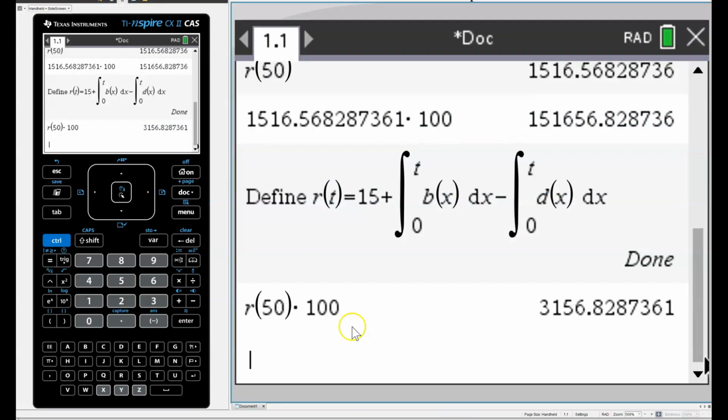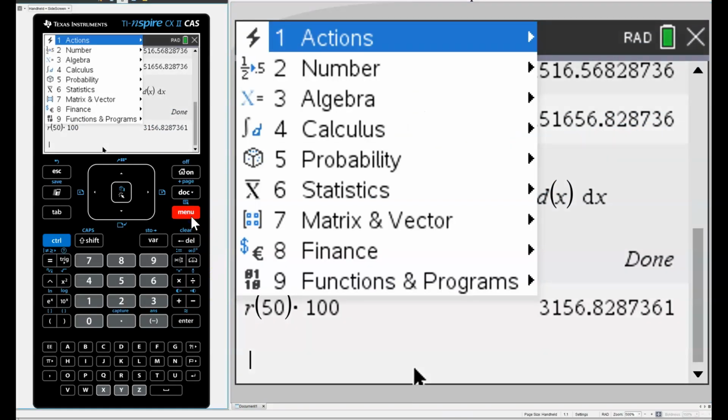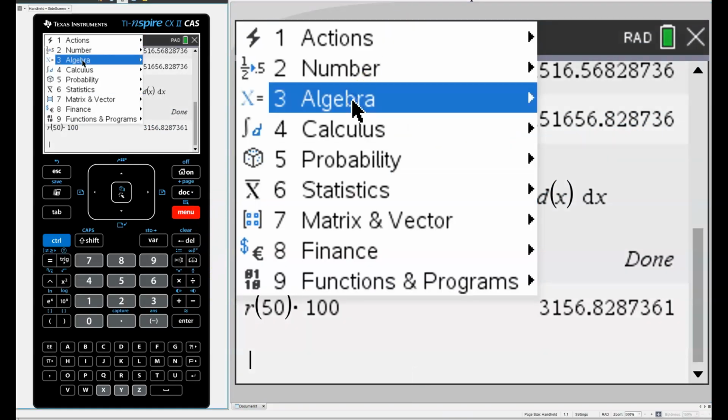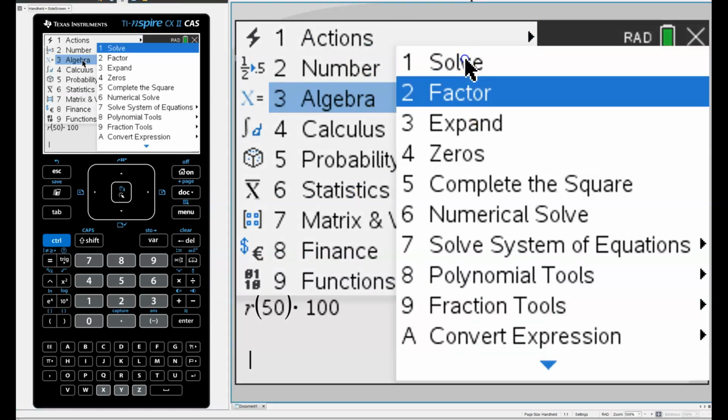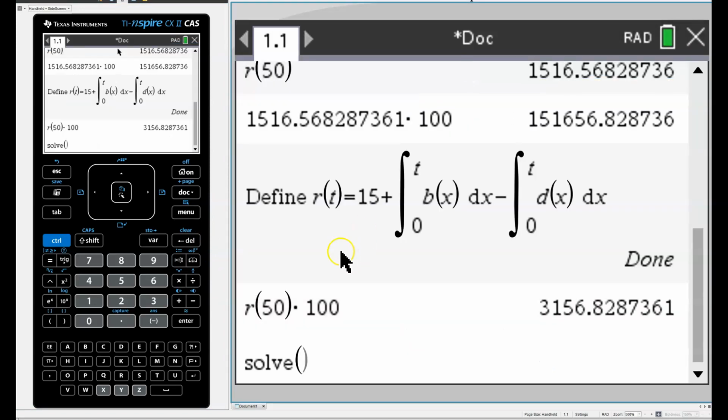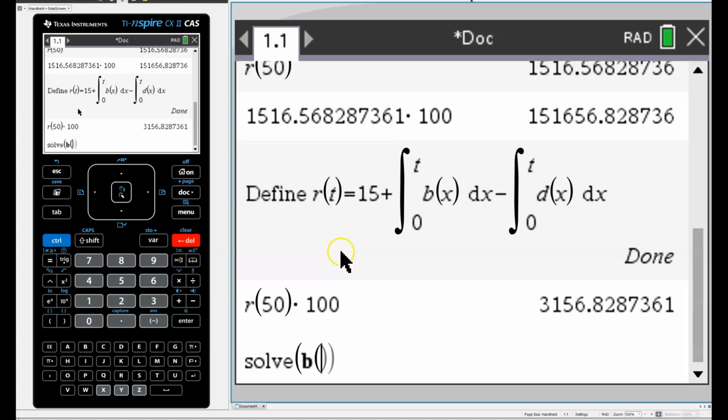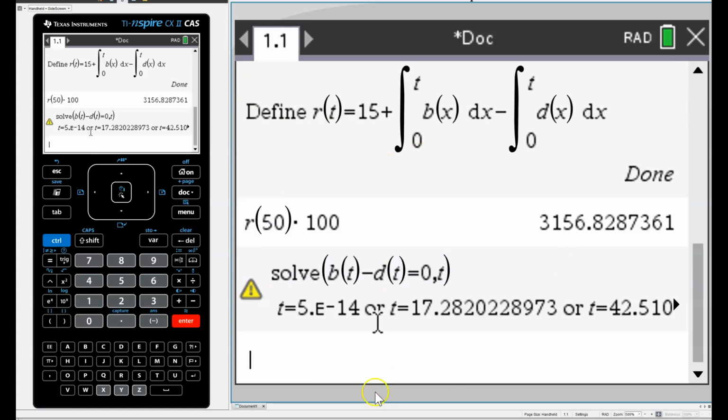So I'm going to go into my calculator and I'm going to say, okay, menu, algebra, solve where is B of t minus D of t equal to 0, comma solve for t. So where is this equal to 0? And my calculator tells me this value is way outside of our bounds.